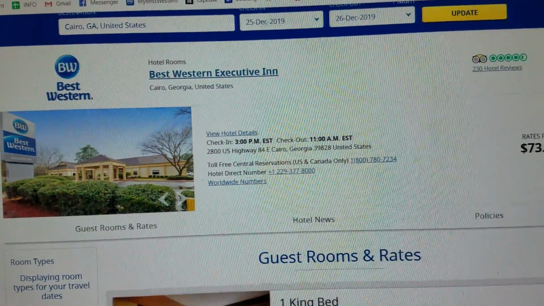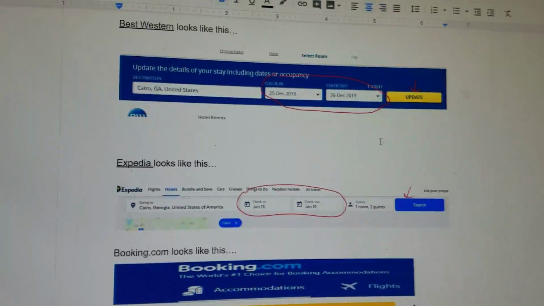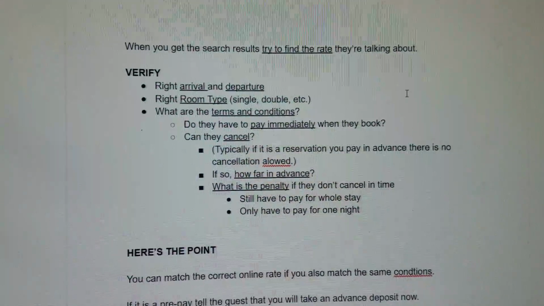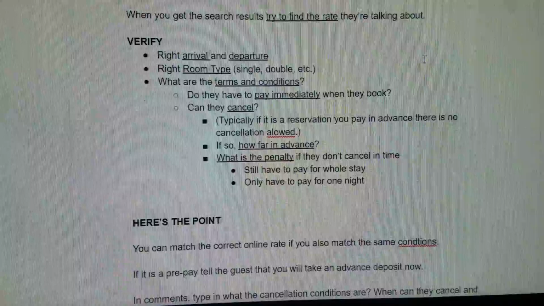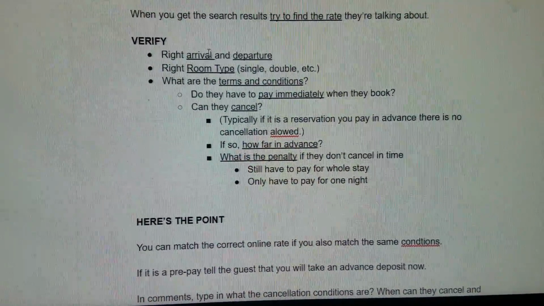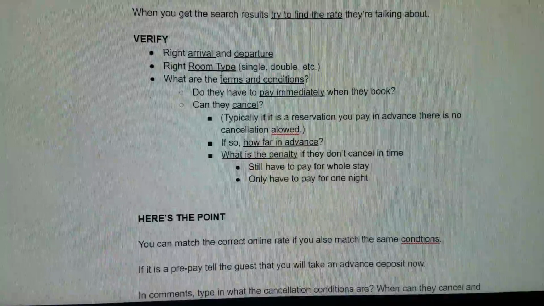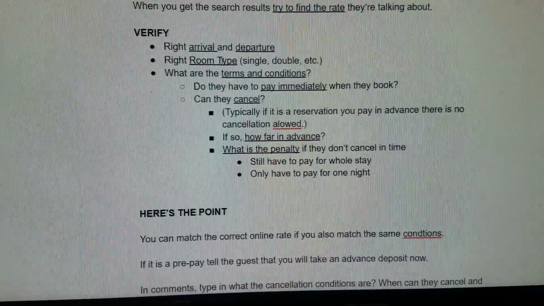All right, so once we try to find the rate that the person is talking about, what you need to verify about that rate is, do we have the right arrival and departure date searched? Do we have the right room type, single, double, whirlpool, whatever? It needs to be the same room type.